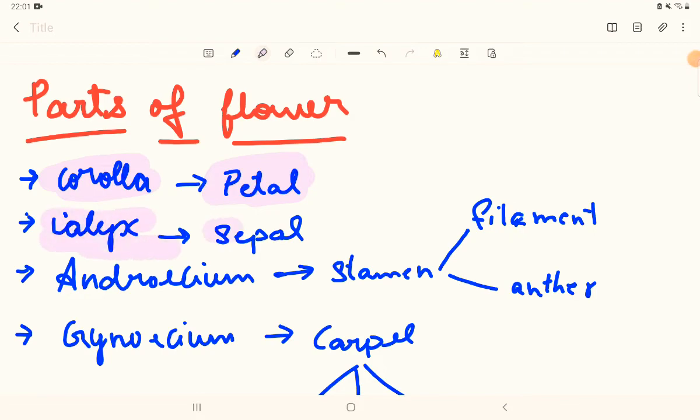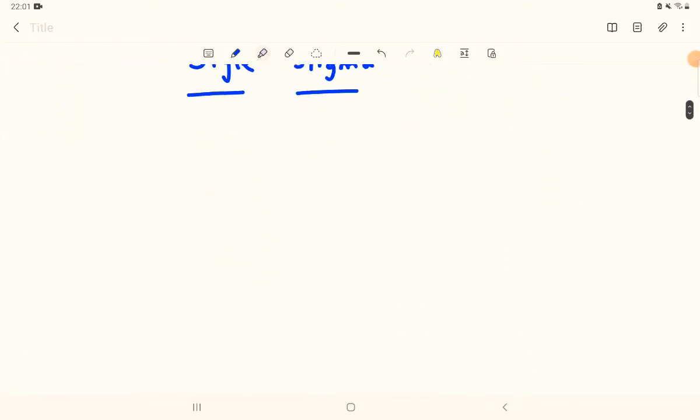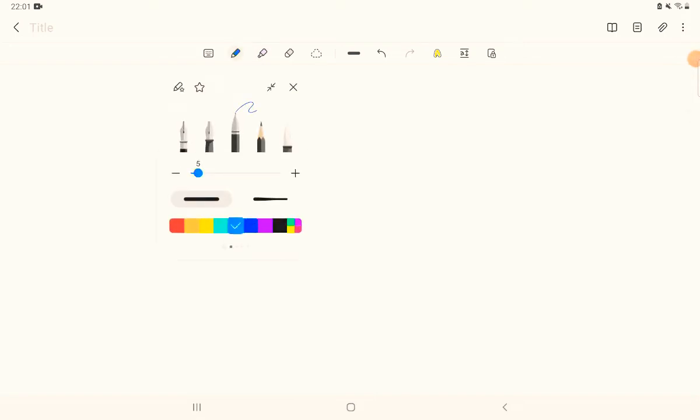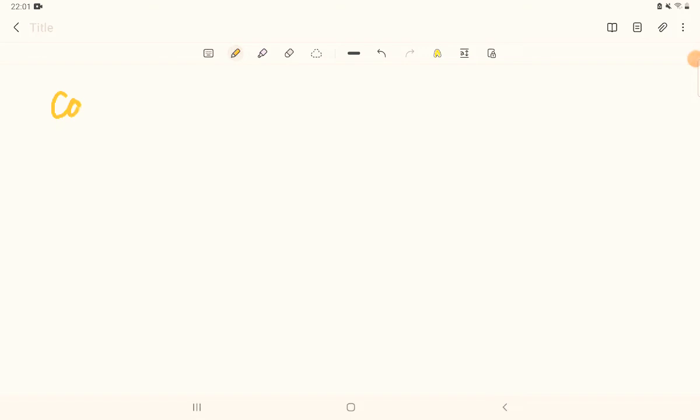We'll start with calyx first because that is the first word. Sepals.